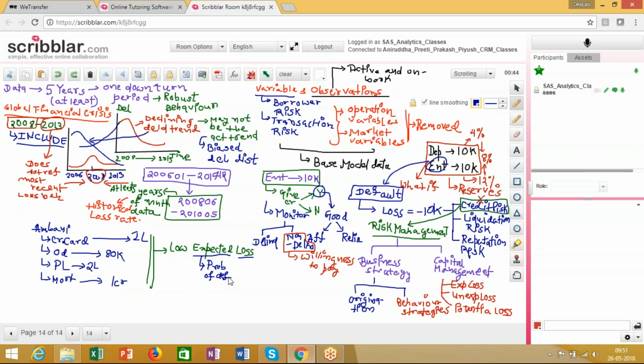I have taken a personal loan of 2 lakhs. I have paid back 1.3 lakhs, but then I have been unable to pay back the remaining 70,000 and I go into default. So when I default, there is an unpaid, outstanding balance, and that balance is known as the exposure at default.